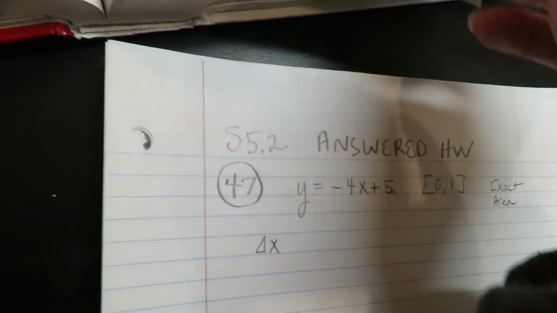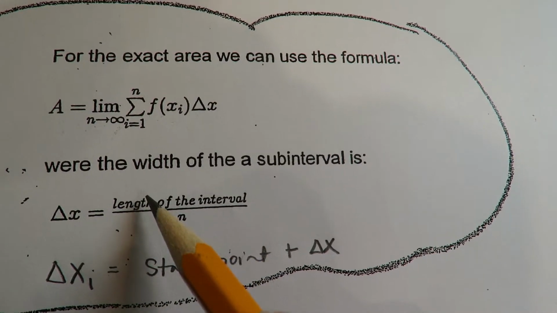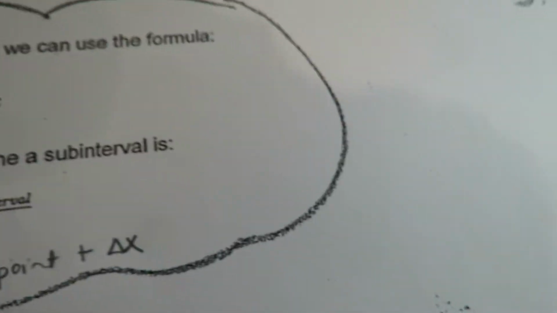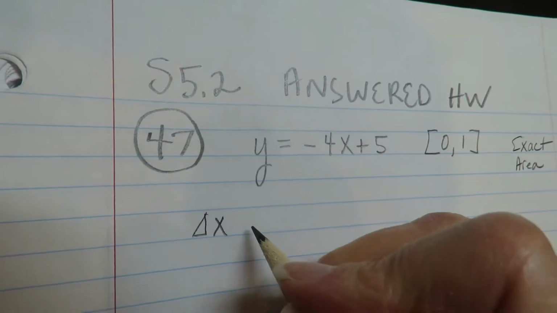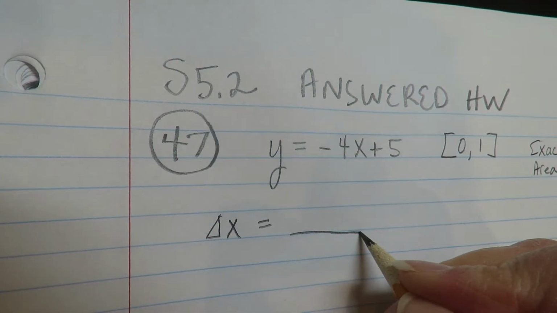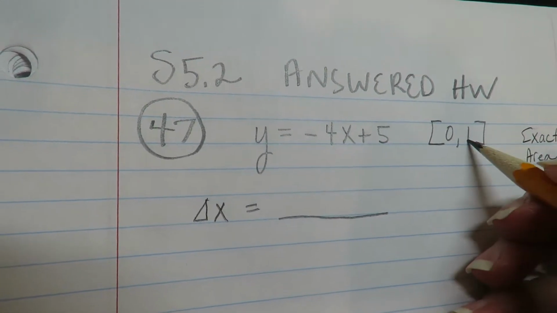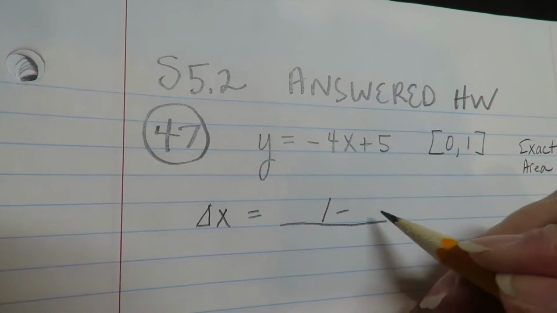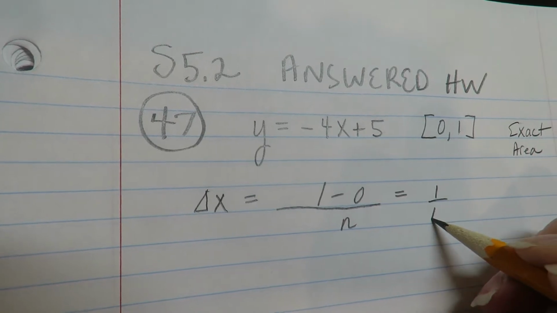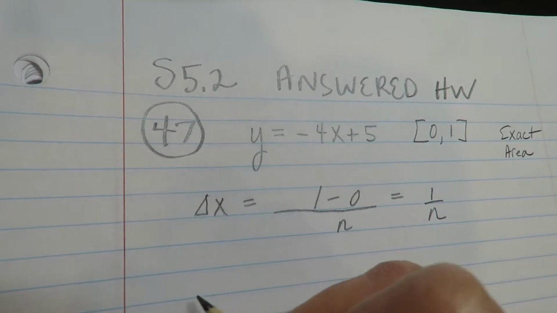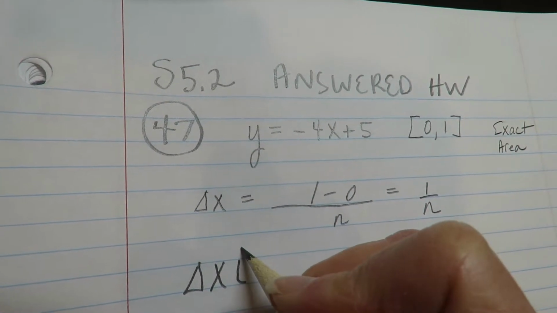Delta x again is the length of the interval over n, so x sub 2 minus x sub 1 over n, or right endpoint minus left endpoint over n. So it's 1 over n.